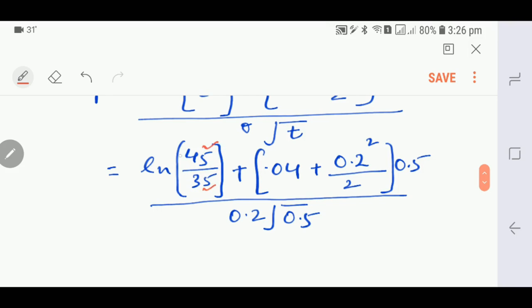Whatever value I get, I will compute the natural log of it, and then I would say 0.04 plus 0.2 times 0.2 divided by 2. Whatever I get, I multiply all of that with 0.5, and then write the consolidated value here for this whole expression, and then add this value to it and divide by the result of this number.